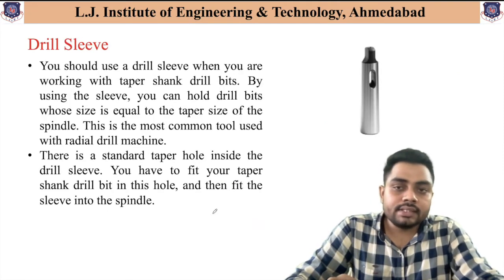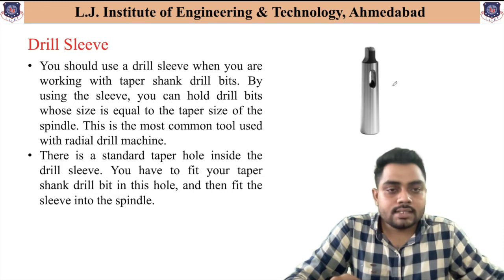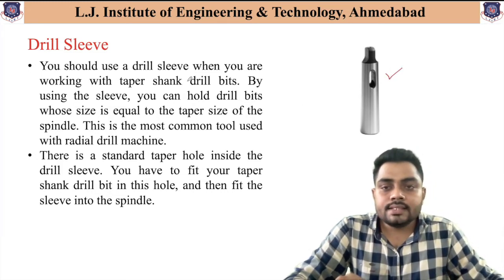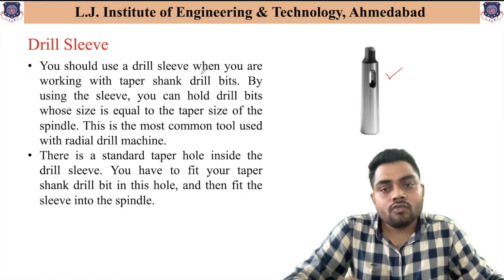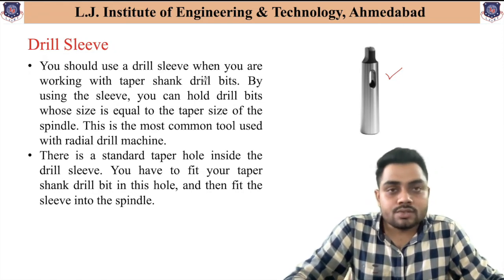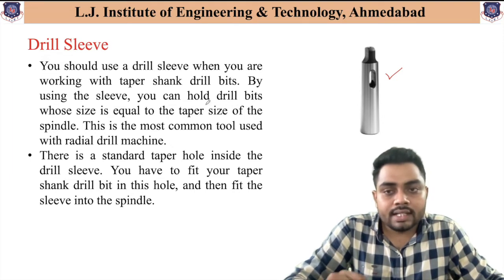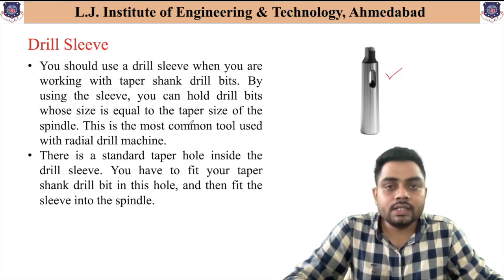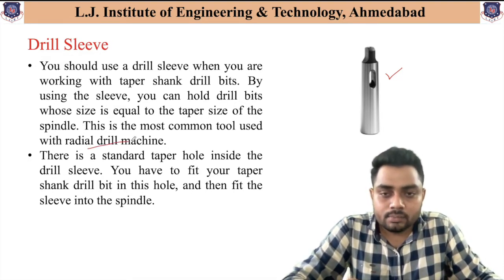Now the next one, that is the drill sleeve. As you can see over here, this one is the drill sleeve. This drill sleeve is used when one is working with taper shank drill bits. By using this sleeve, one can hold drill bits whose taper size is smaller than the taper size of the spindle. This is most commonly used in the radial drill machine.